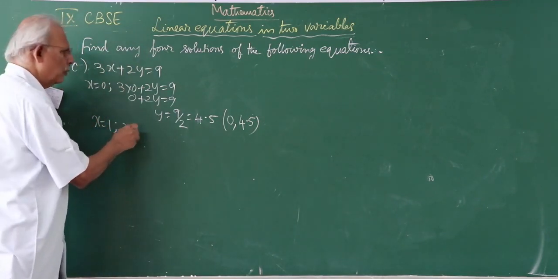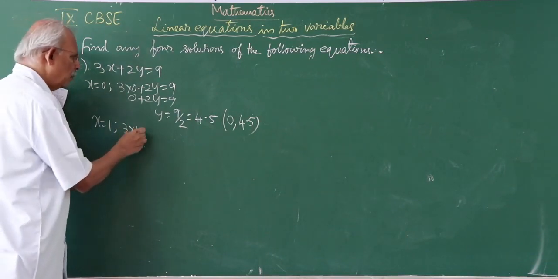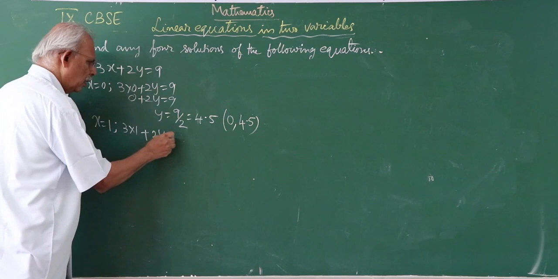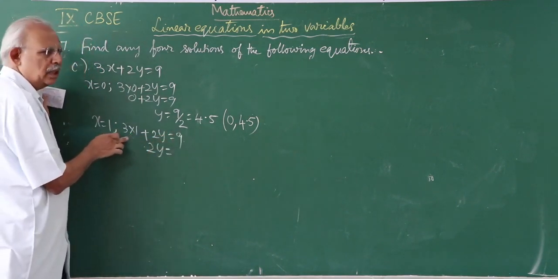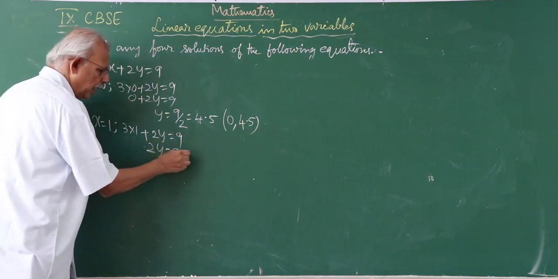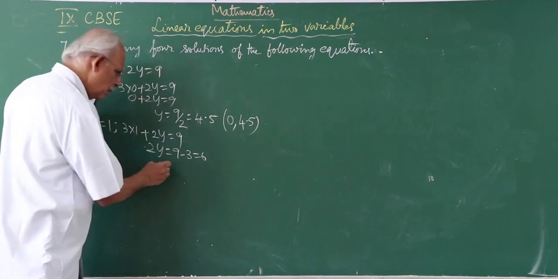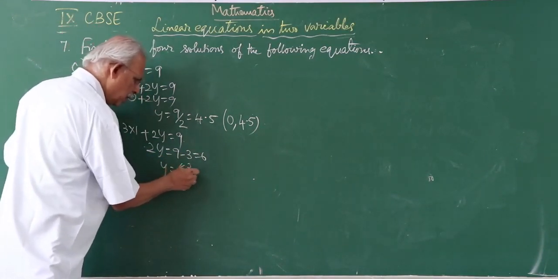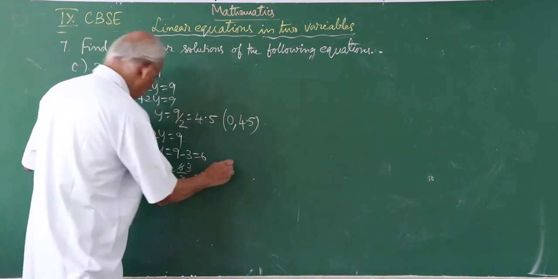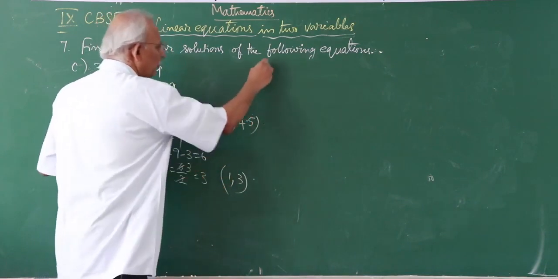So 3 into 1, plus 2y equals 9. Here 3 ones are 3. Shift it. 9 minus 3 means 6, so y equals 6 by 2. 2 threes are 6. So when x is equal to 1, y is equal to 3.